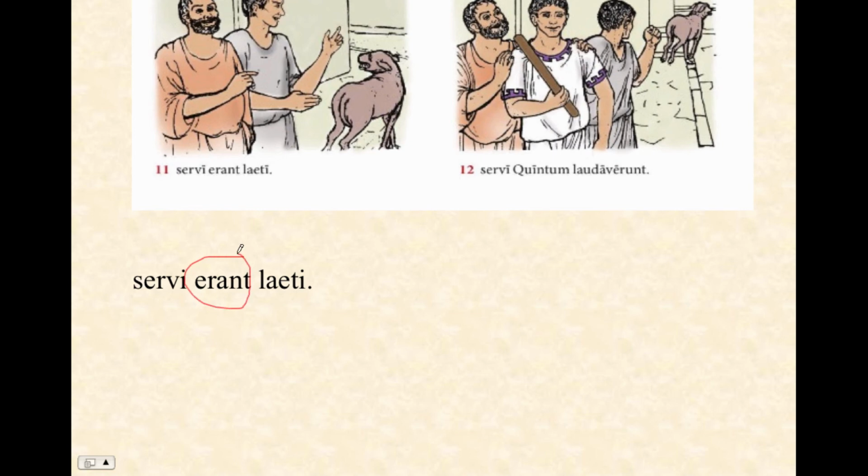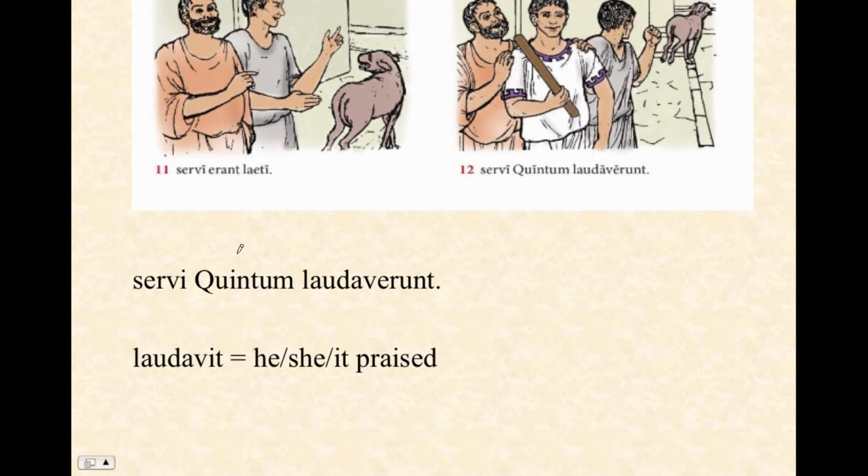And finally, number 12. Servi quintum laudaverunt. The slaves praised Quintus. Now look at here, people. Laudavit is the singular, he, she, or it. But look at this form. Laudaverunt.